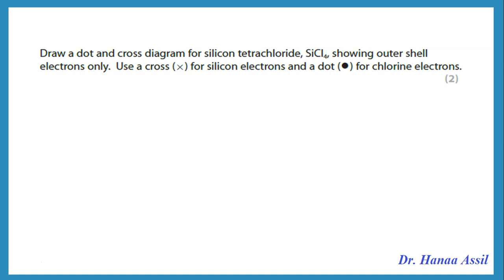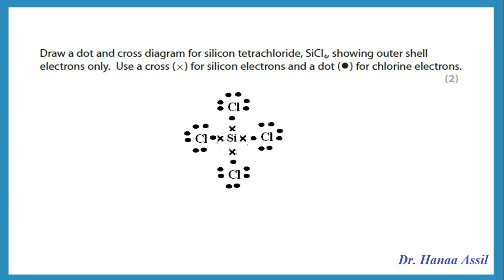Draw a dot and cross for silicon tetrachloride, showing the outer electrons only. Use X for silicon electrons and dot for chlorine electrons. So this should be the dot and cross diagram that you should draw, in which silicon is in group 4, so it has 4 electrons in its outermost shell. It needs 4 more to have a full outer shell of 8, so it will share one pair of electrons with each of the 4 chlorine atoms.